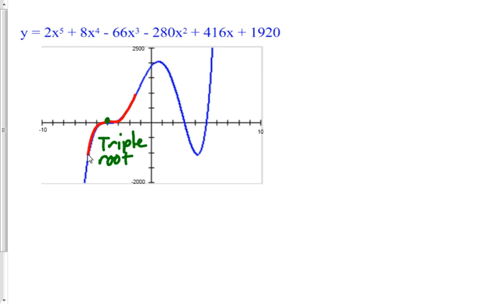So I have 3 roots at -4 as I look at this polynomial. I can continue on and I see I have a root at 3 and yet another root at 5. So if I'm to list out all my roots individually, my roots are x equals -4, -4, -4, 3, and 5.